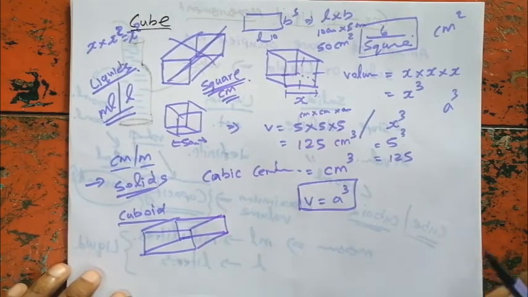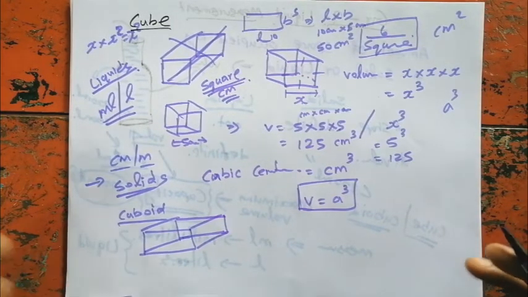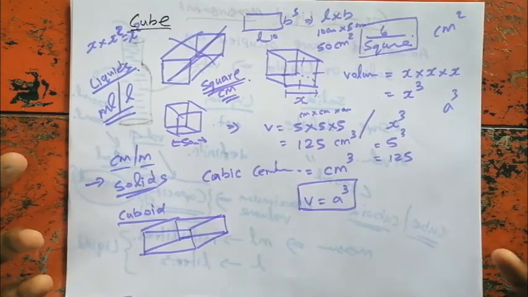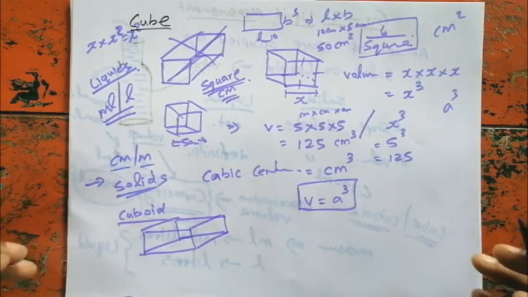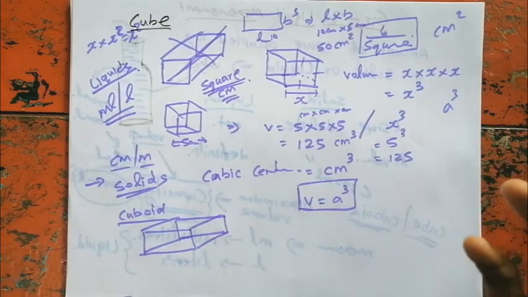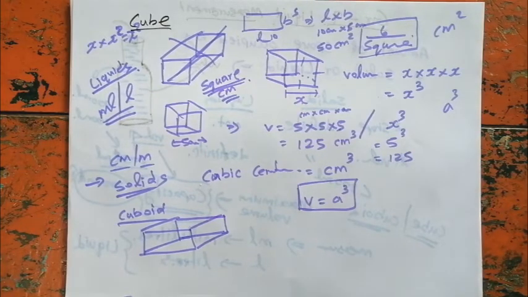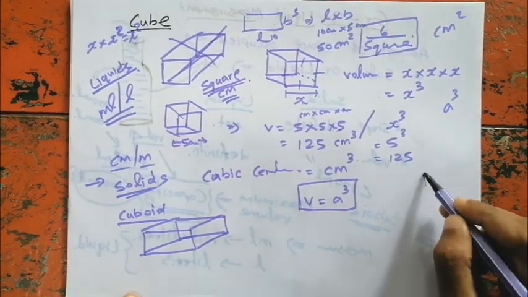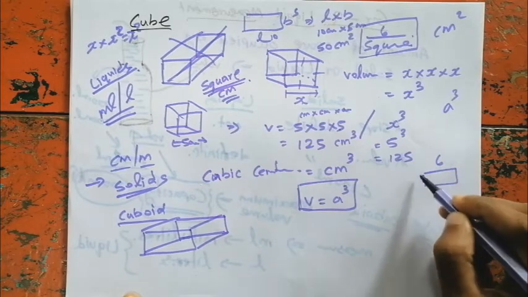Your instrument box is the best example for a cuboid, not the Atlas one, the other one. Or you can take your maths textbook, close it and check it. What is the shape of your textbook? It's a cuboid. Cuboids have 6 rectangles.